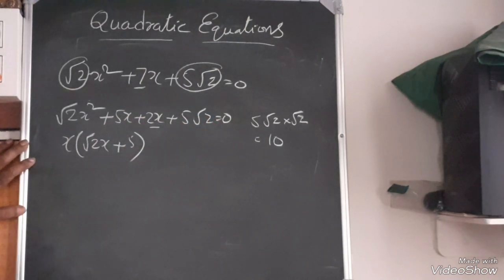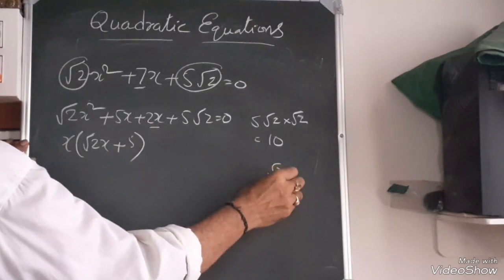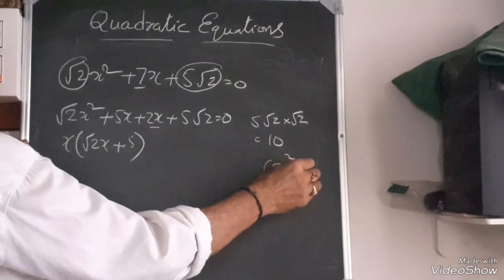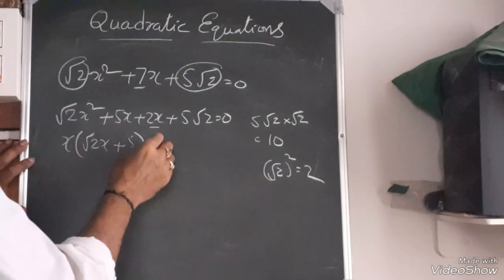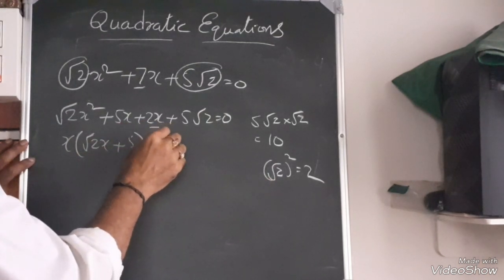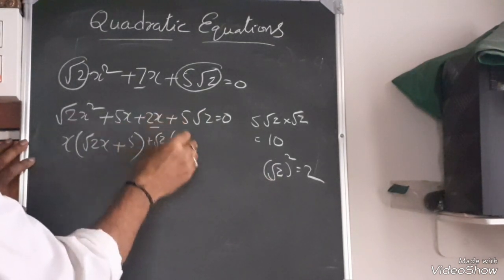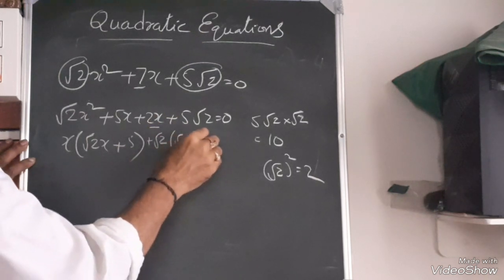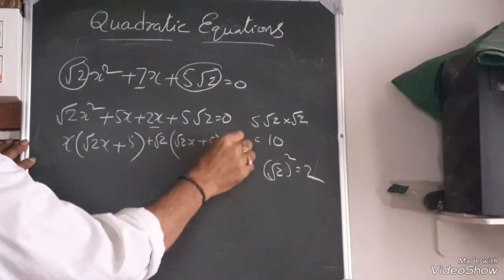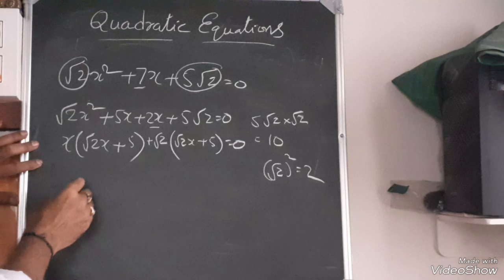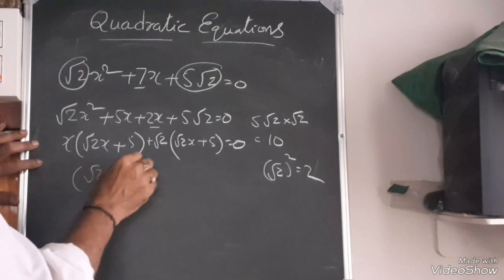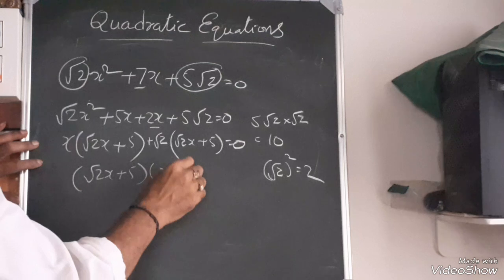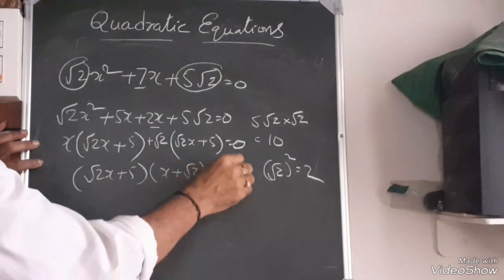Here 2 means root 2 square, you can write 2. So from this we can take root 2 as common. If root 2 as common, one more root 2, root 2x plus 5 equal to 0. Then we have root 2x plus 5 and x plus root 2 equal to 0.